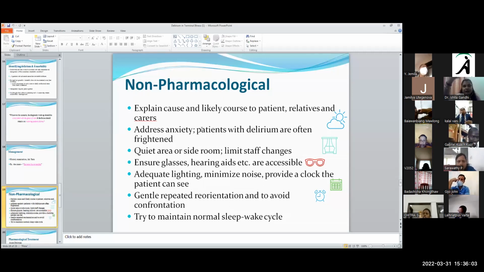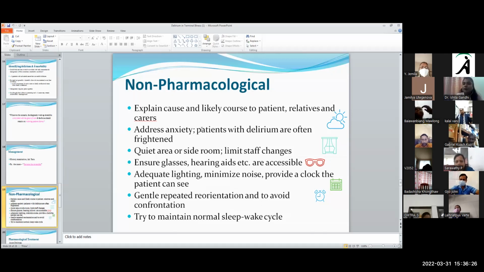Put a calendar on the front wall of the patient so that the patient can orient themselves with the date. So try and facilitate orientation of the patient. Don't force the orientation on the patient. Try and facilitate it. Okay.